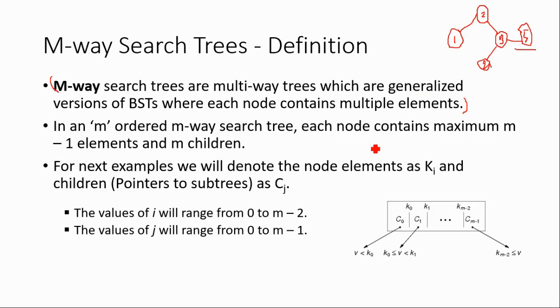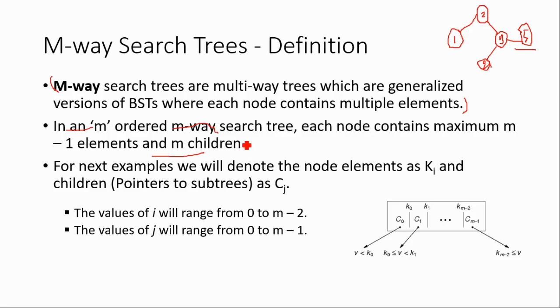So the next point says that in an M-ordered M-way search tree, each node contains maximum m-1 elements and m children. So m is also called the degree of that tree.